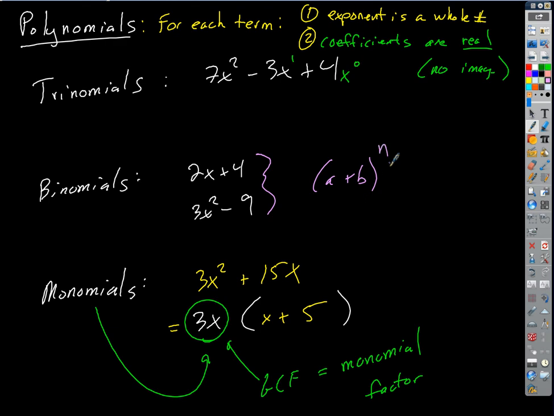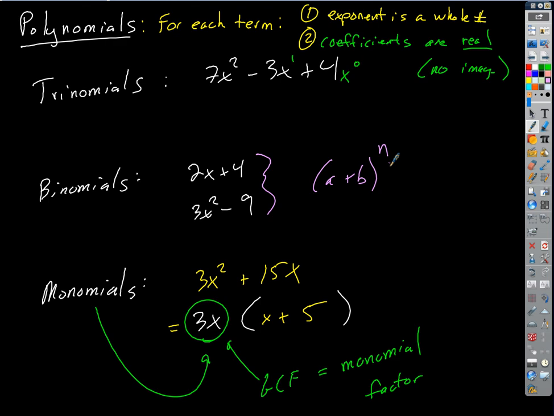So we want to multiply it by itself a whole bunch of times. Are there some patterns that we can develop where we don't have to go through that arduous process of multiplying it out and then distributing again and distributing again? Yeah, there are. There are some expansion patterns for binomial polynomials, with 2 terms. So in that sense, it's important to know that it's a binomial.